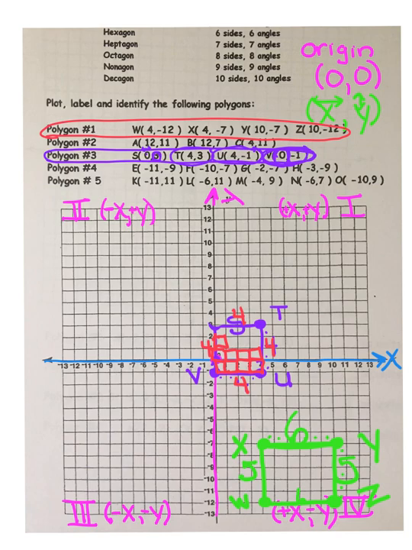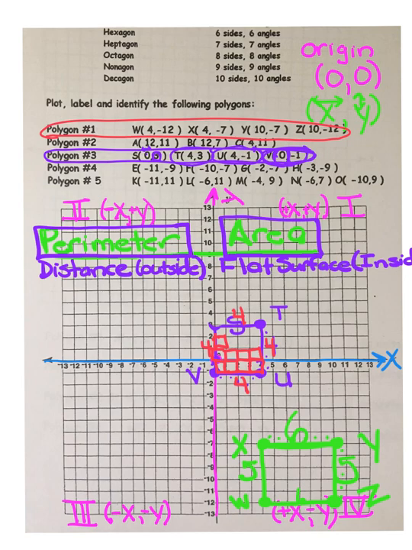Now we're ready to calculate the perimeter around the outside and the area on the inside. Let's take a look at perimeter first. Perimeter measures the distance around the outside of the figure. We take all 4 sides and add them up. 6 units plus 5 plus 6 units plus 5.